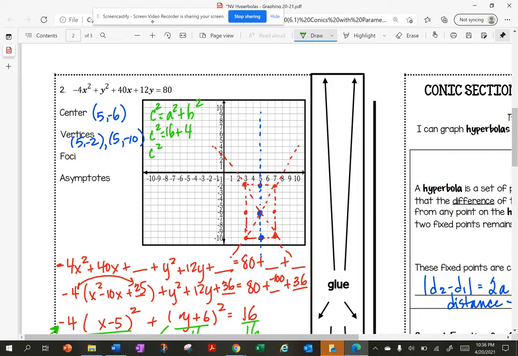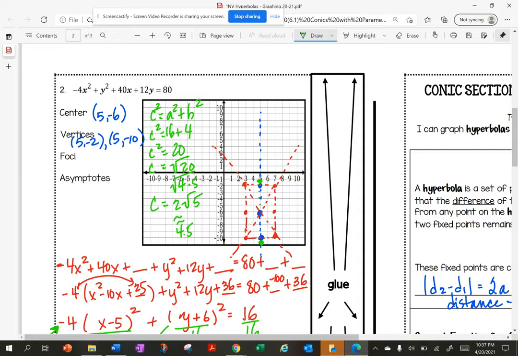So c squared is 20. So c is the square root of 20, which is 4 times 5. So c is 2 times the square root of 5, which is approximately 4.5. So that's on the major axis. So here's 1, 2, 3, 4.5, and 4.5.